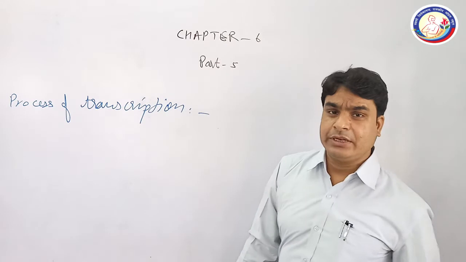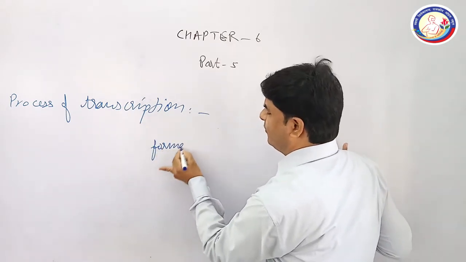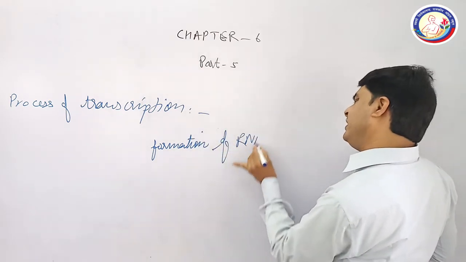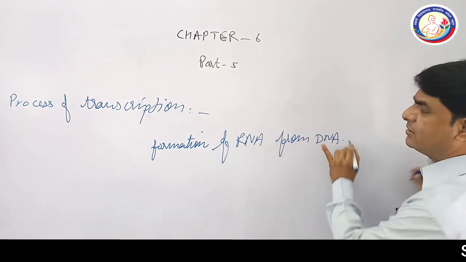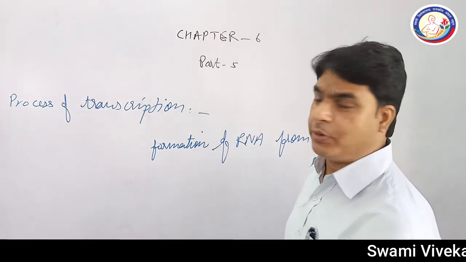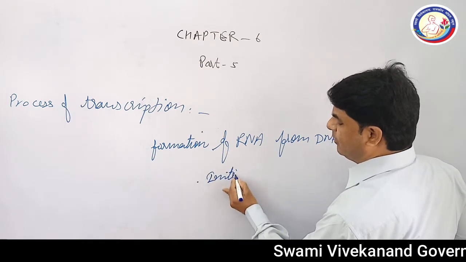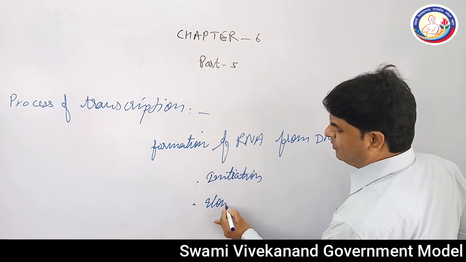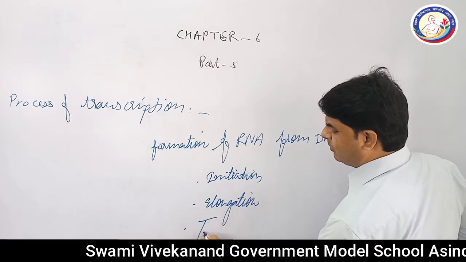As far as transcription is concerned, the formation of RNA from DNA is known as transcription. This process is carried out in three important steps. First of all, the chain initiation step. The second one is the elongation step. And the third one is the termination step.